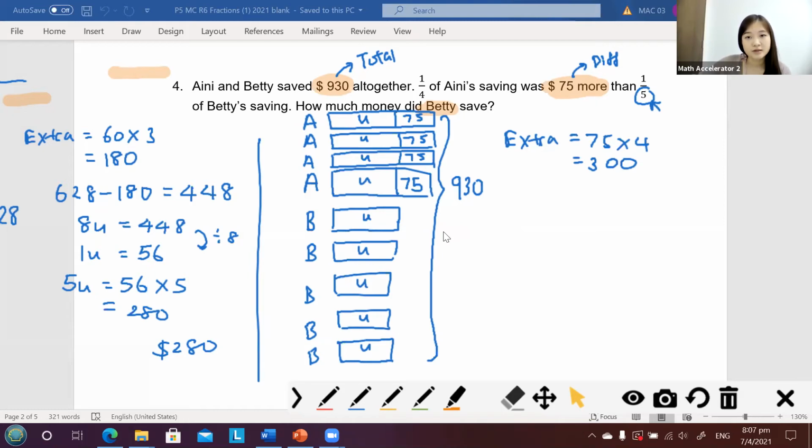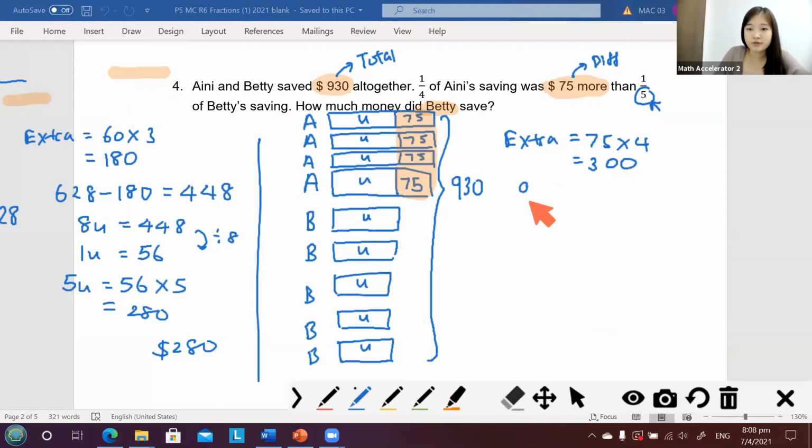Let's see. Right, so a lot of you chose $350. A few of you chose the rest of the answer. So let's take a look. We found the extra, which is all of this, 4 of the $75, which we don't want because it's included in the 930 and it doesn't help us find the equal units over here.